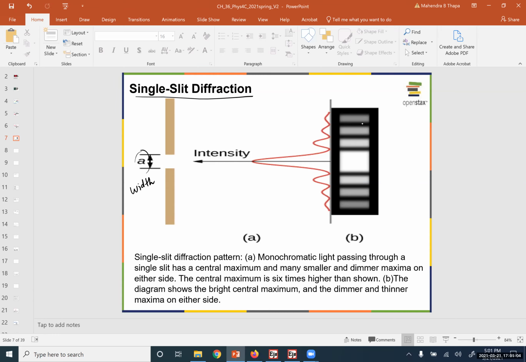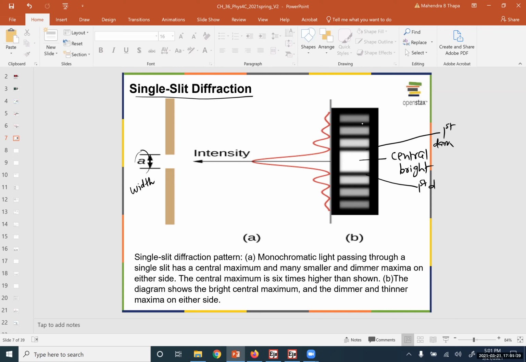Then what will happen at the center? We'll see bright. This is the central bright. Okay, then we see first dark on both sides.